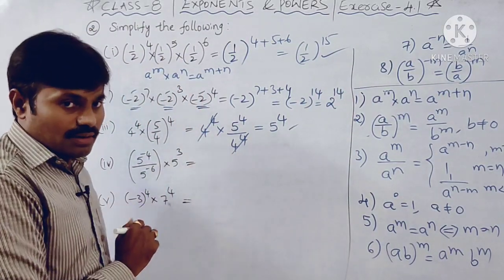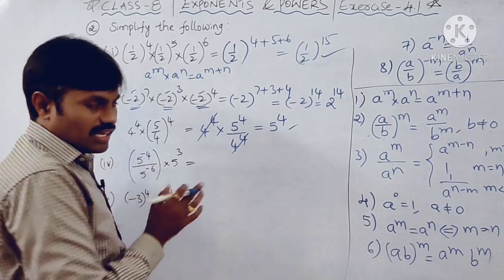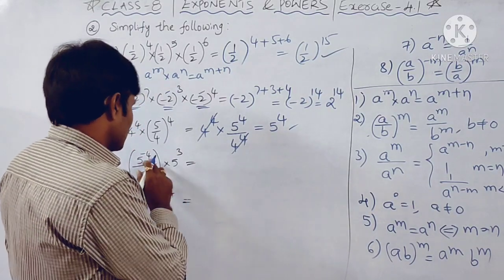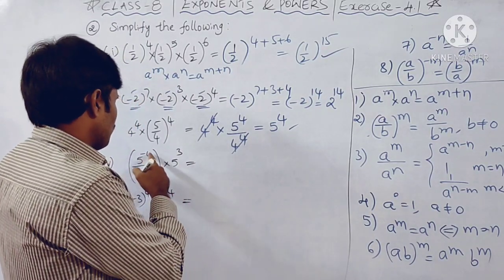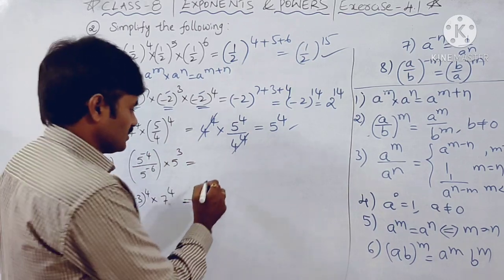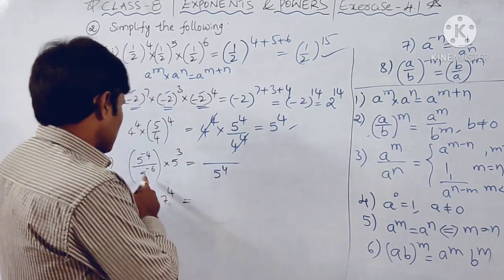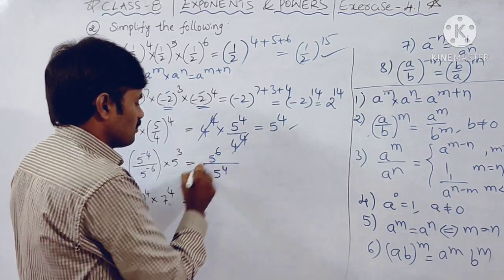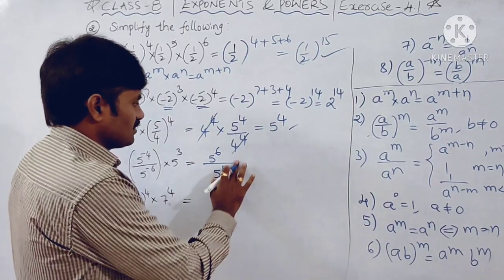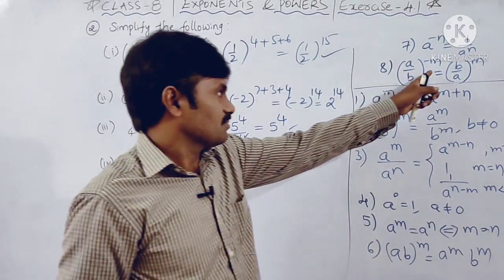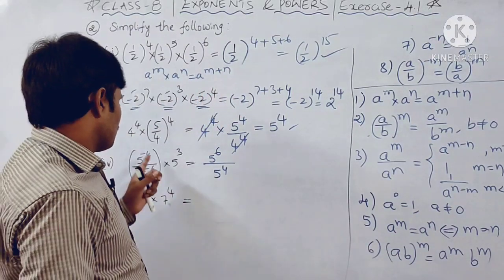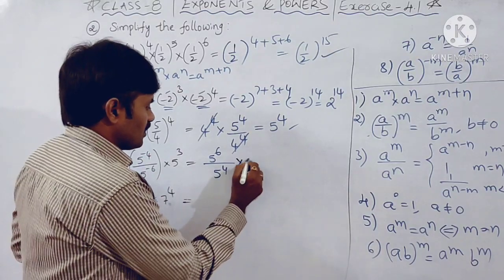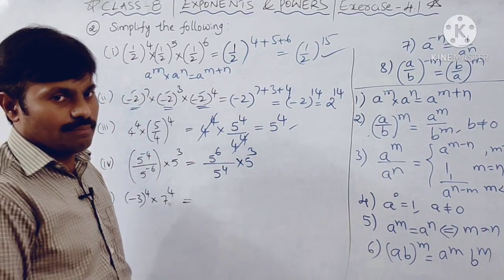If there is a negative exponent like this, don't cancel the minus signs. Simply take the reciprocal. 5^-4 is brought to the denominator, then it becomes positive, and the denominator shifts to the numerator, then it becomes a positive power. So 5 to the power of 6. Into 5^3, into 5^3.